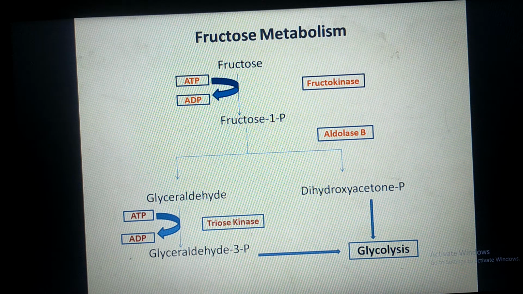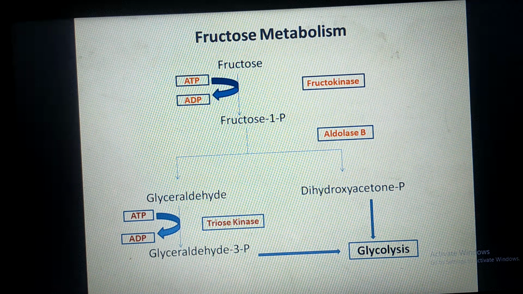Now this glyceraldehyde is phosphorylated with the help of the enzyme triose kinase to form glyceraldehyde 3-phosphate. Both glyceraldehyde 3-phosphate and dihydroxyacetone phosphate then enter into glycolysis. So finally fructose enters into glycolysis in this way.